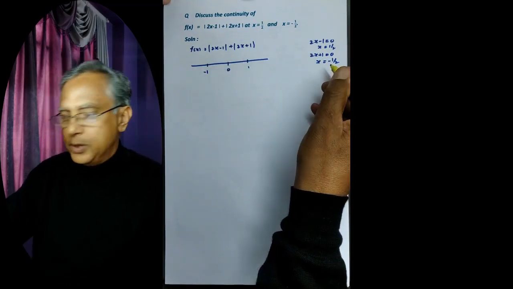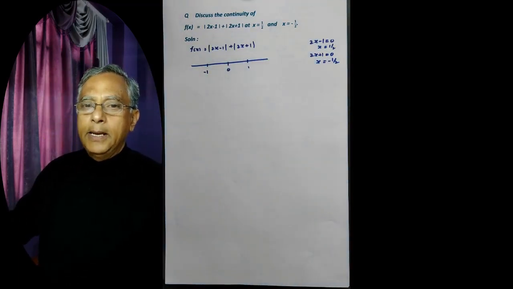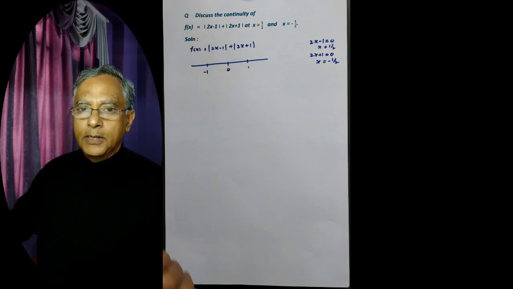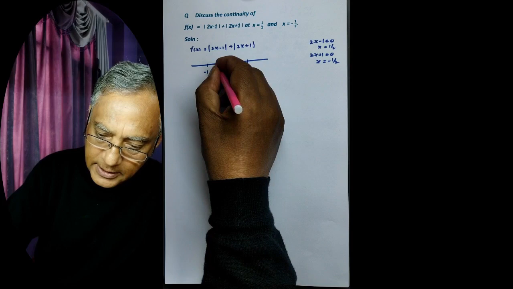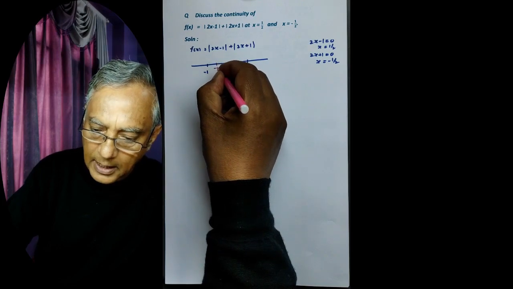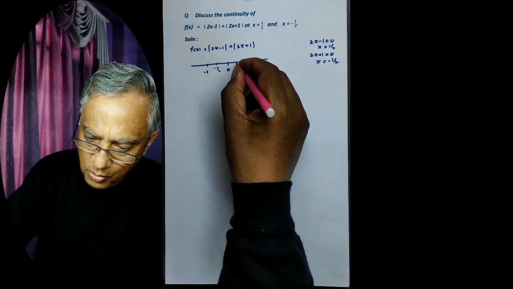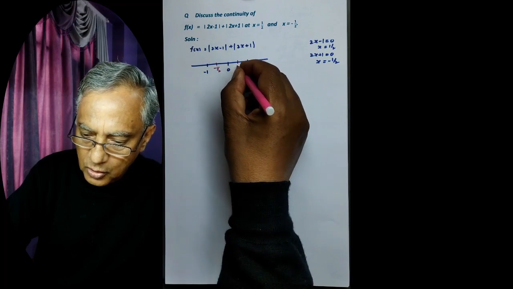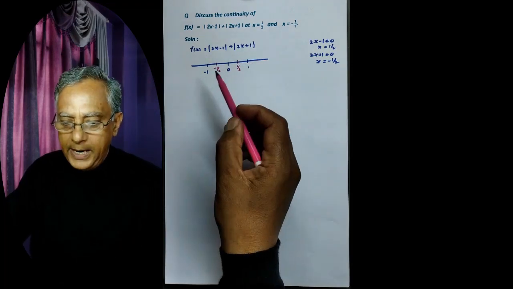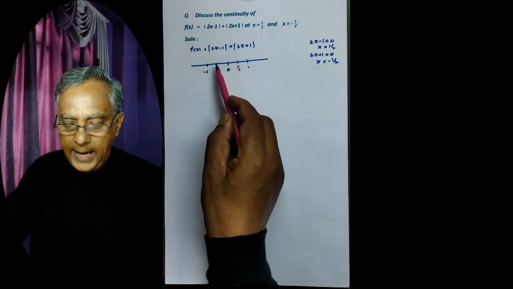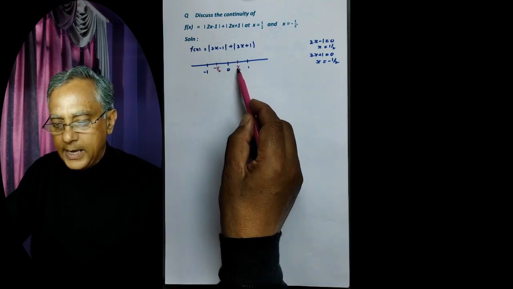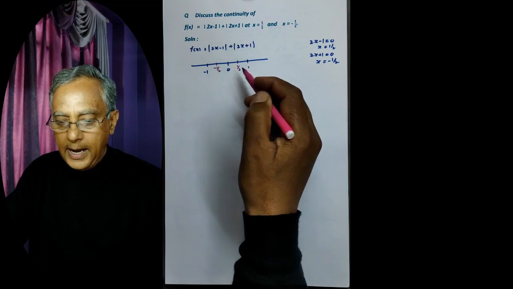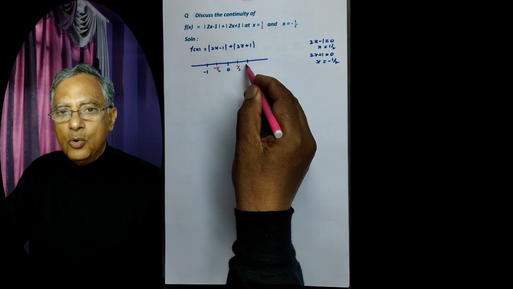So we break the number line into 3 intervals. This is x equal to minus half and this is x equal to half. So we break this number line into x less than minus half, minus half less than or equal to x less than half, and x greater than or equal to half.